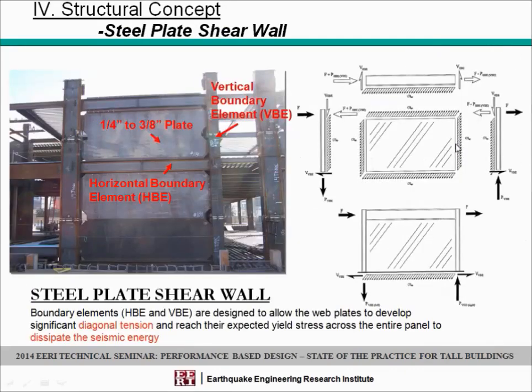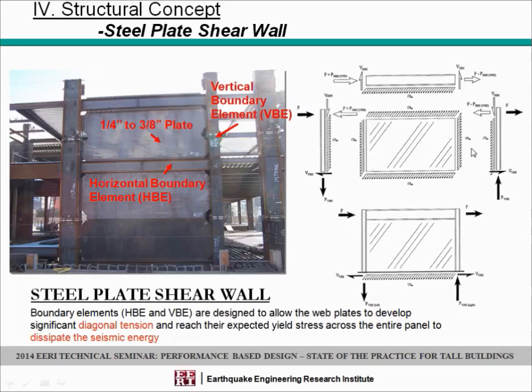Okay, and basically it's kind of an infill to a frame, what's called the vertical boundary element and horizontal boundary element, and how the system qualifies to some of the aspects of performance required for a dual system. The boundary elements are designed to allow the web plates to develop significant diagonal tension.